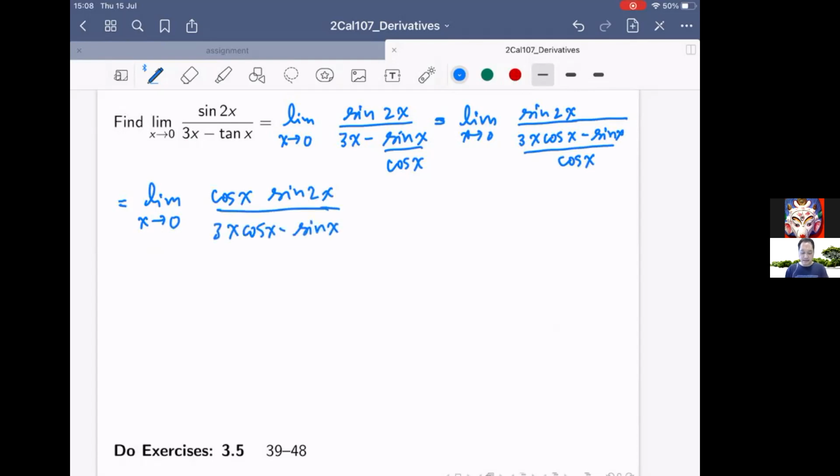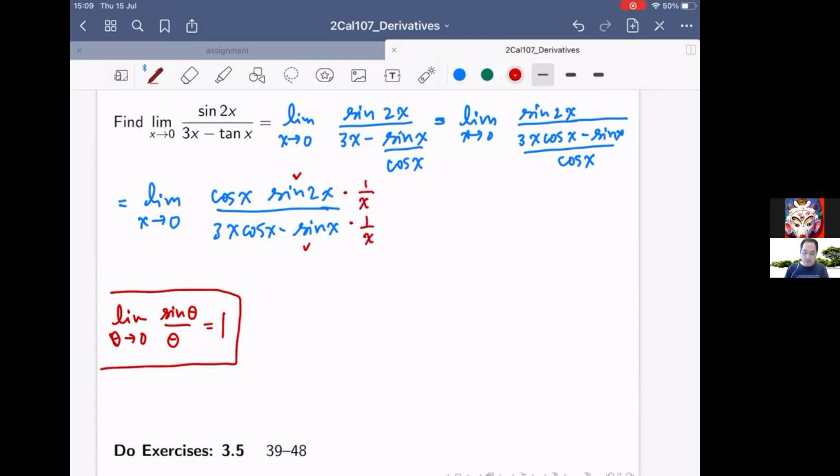Here's another technique. What we have in hand is the limit as theta goes to 0 of sine theta over theta equals 1, right? But right now you see two of the sines without any over x there. So what you can do is manipulate it this way. You divide the top and the bottom by x, or you just introduce 1 over x both on your top and on your bottom.